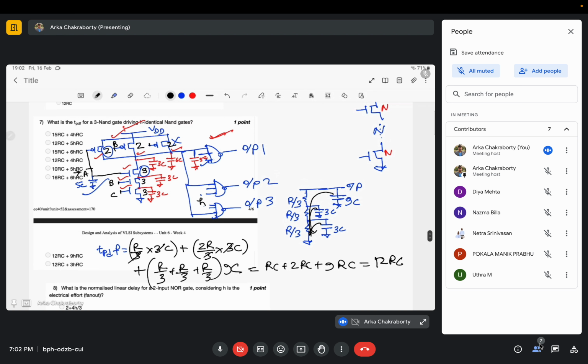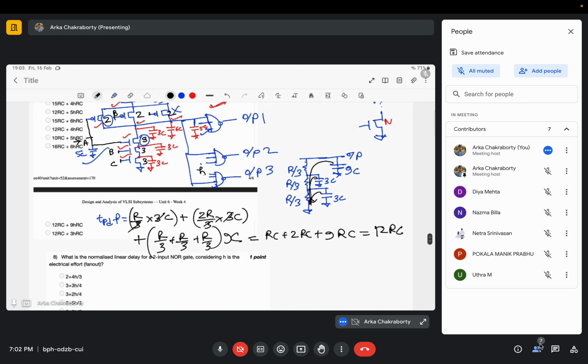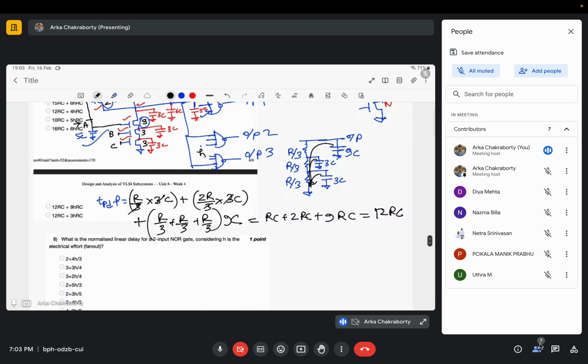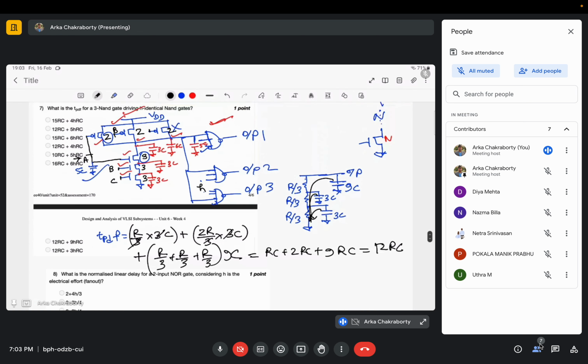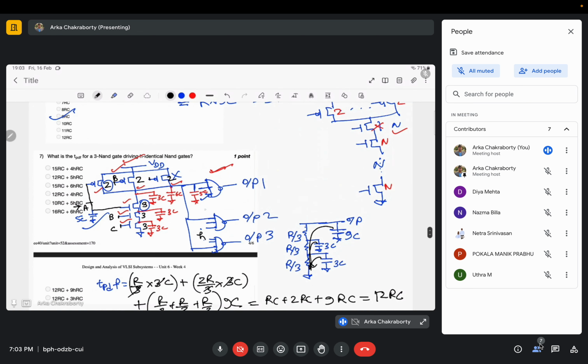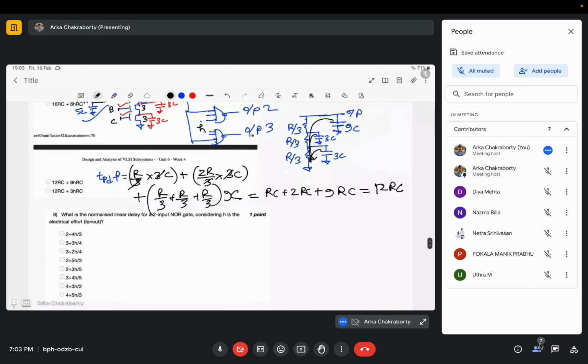Now due to these H second stage NAND gates, what would be the propagation delay for them? There are H such circuits, right? And each circuit is providing a load capacitance of 5C. So for H parallel combination of such NAND gates, my net capacitance would be 5C into H, correct?